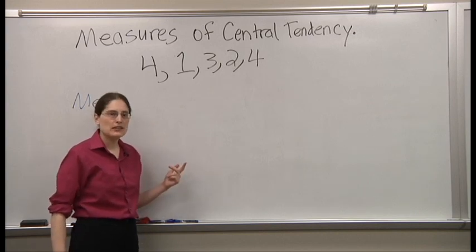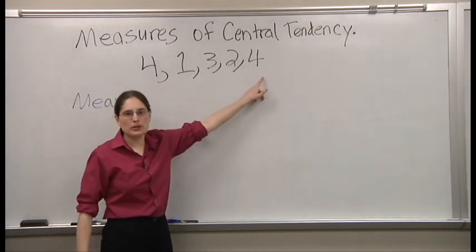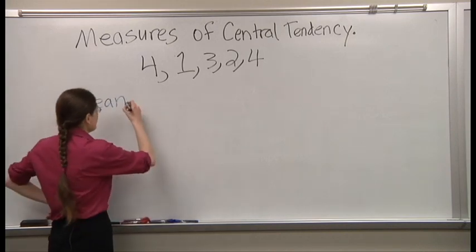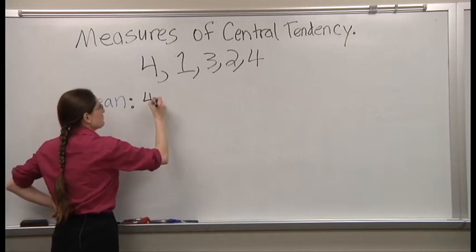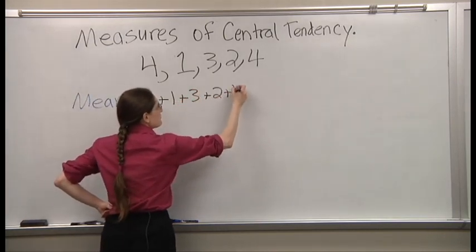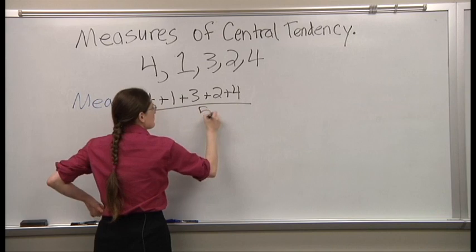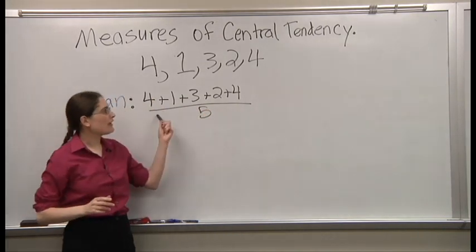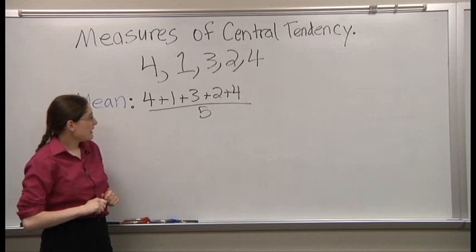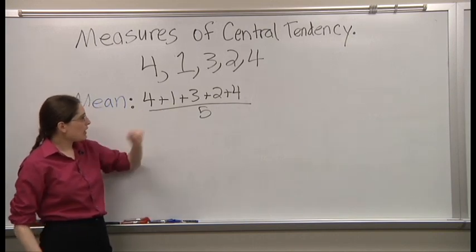To find a mean, you add up all the numbers and then divide by how many you have. So I add them all up and I have 5 values, so I'll divide by 5. That adds up to 14.